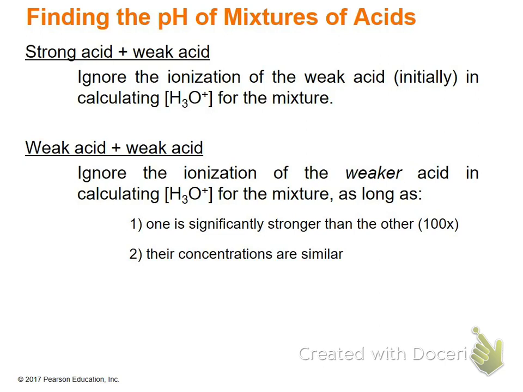The first one is as long as the Ka value is 100 times greater than the Ka value of the other acid, meaning one acid is 100 times stronger than the other acid. And two, their concentrations have to be somewhat similar, in order to be consistent in comparison.